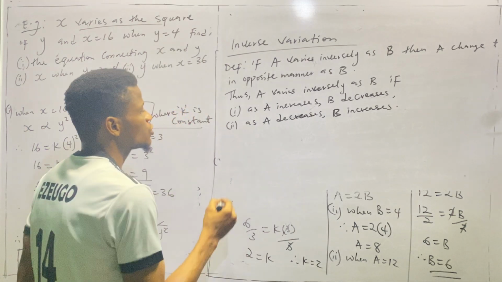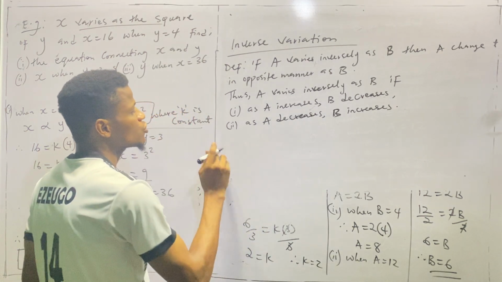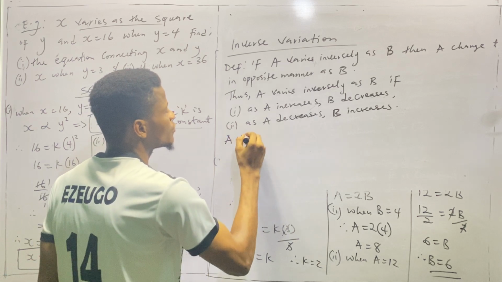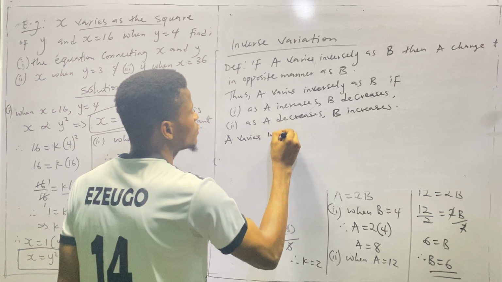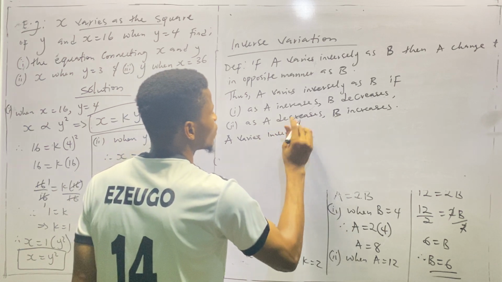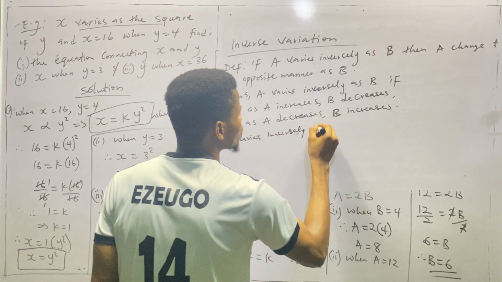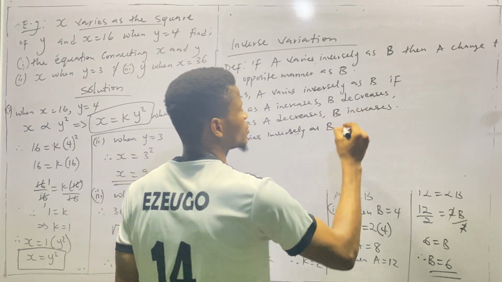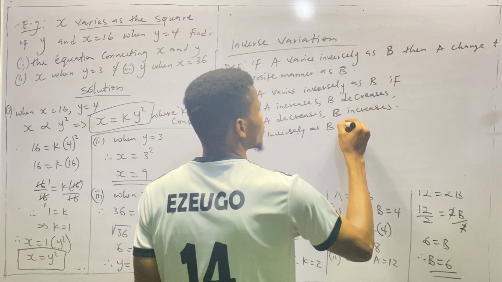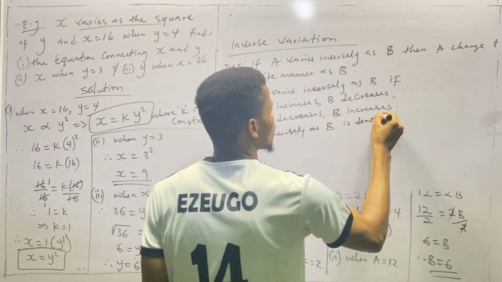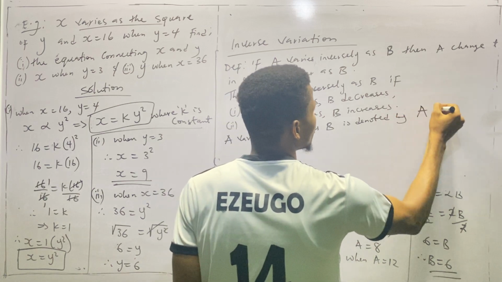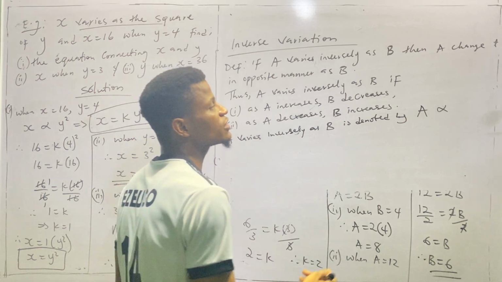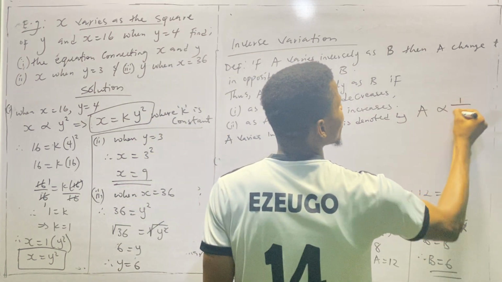So let's establish the relationship. A varies inversely as B is denoted by A varies, because they vary in opposite manner. So to demonstrate it, it has to be in opposite sense.